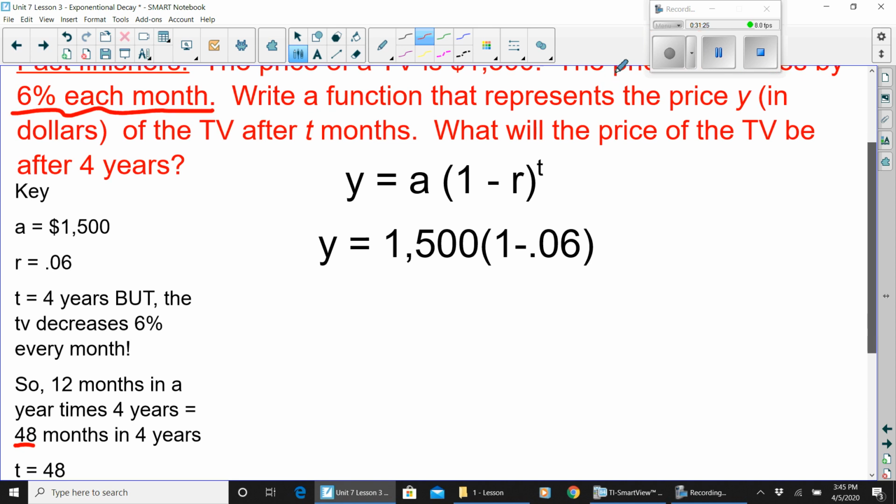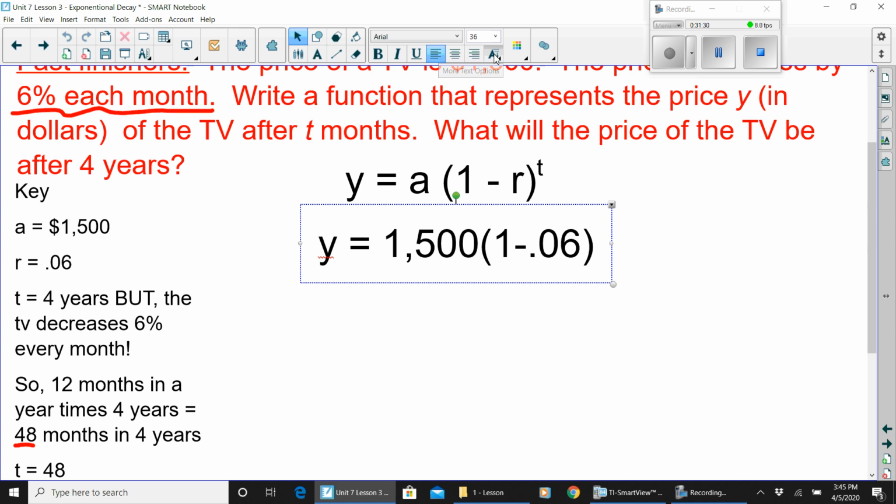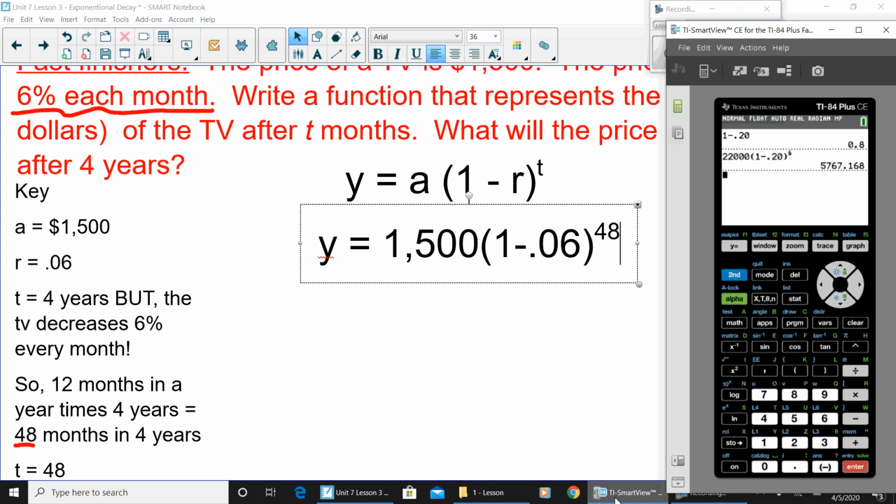And that's the T. So if you put that in for T, you're going to figure out how much this TV is worth after 4 years, with it depreciating 6% each month. All right, remember, it's not just depreciating 6% each year, it's depreciating 6% each month. And there's really going to be nothing left of the value of this television.